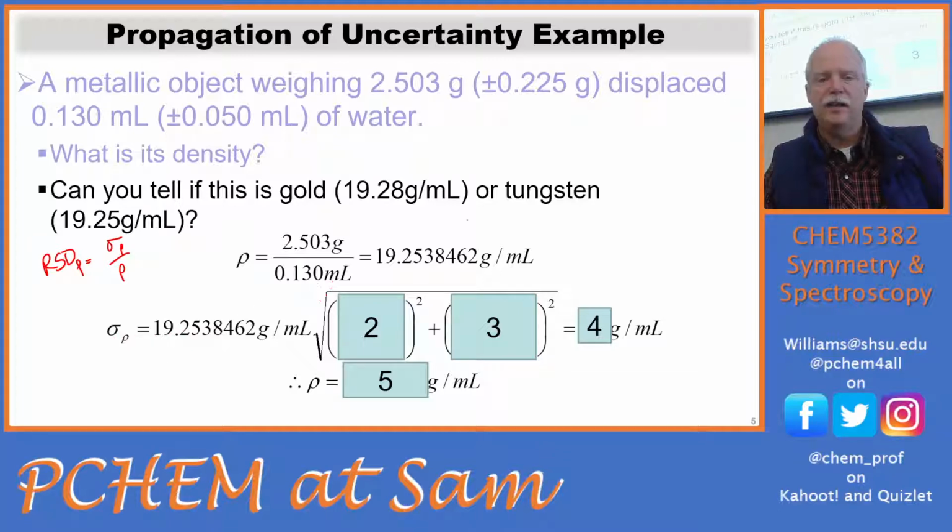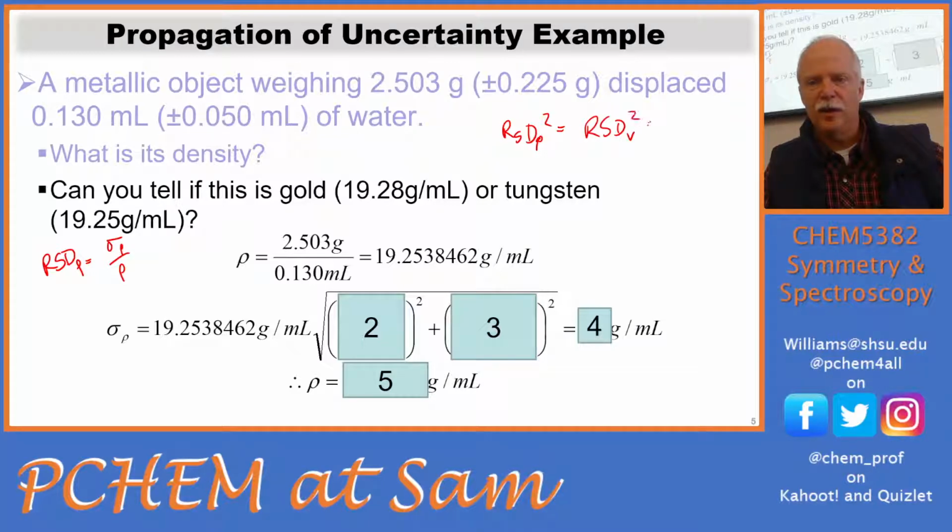It's still the same equation: RSD for density squared is equal to RSD for volume squared plus RSD for mass squared. So do you see what we've done?